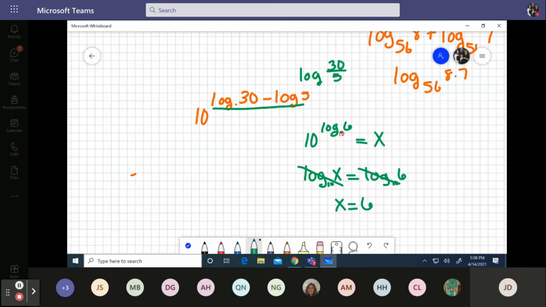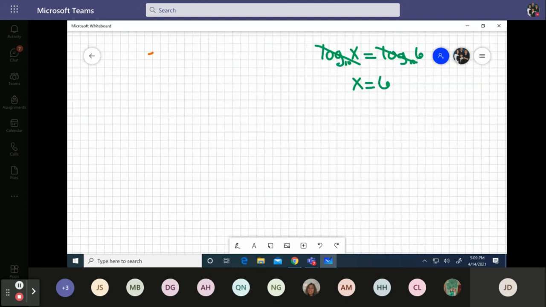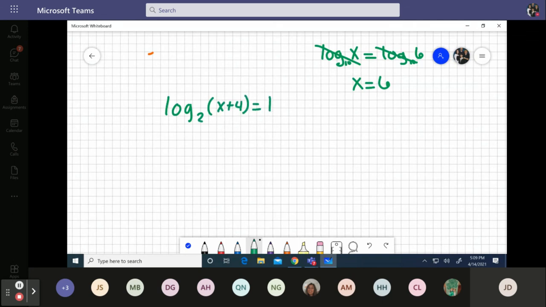You know what, we can right now. We're going to use those properties and simplify. So it's in log form. Let's write it as an exponent.